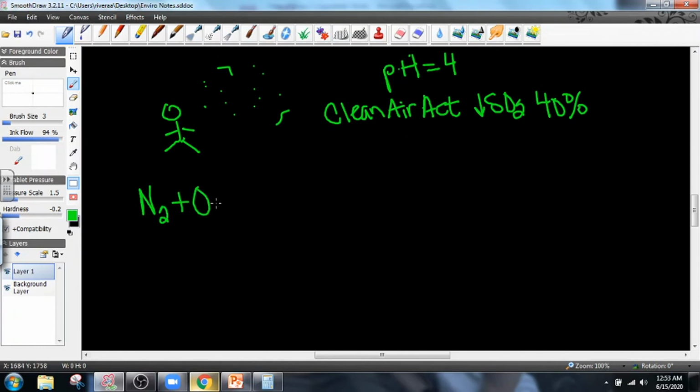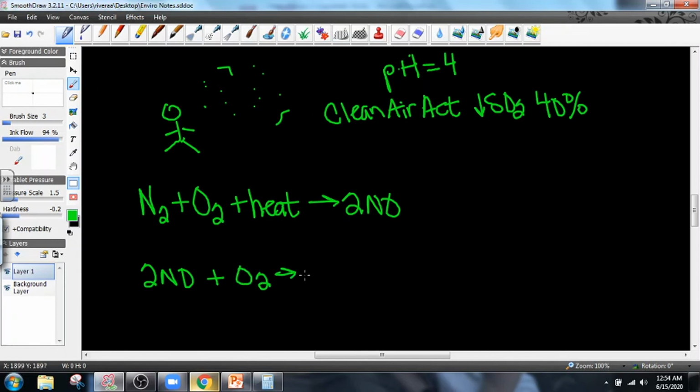Nitrogen in the air and oxygen in the air plus heat. Okay, so this is a byproduct of combustion. Produces nitrogen monoxide. Nitrogen monoxide then goes on to react with oxygen to produce nitrogen dioxide. This guy right there is smog.